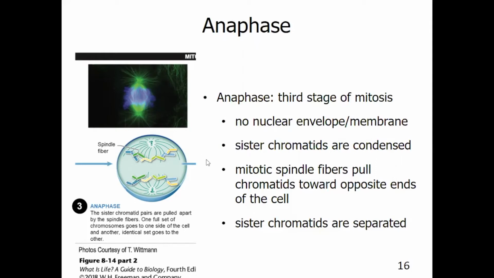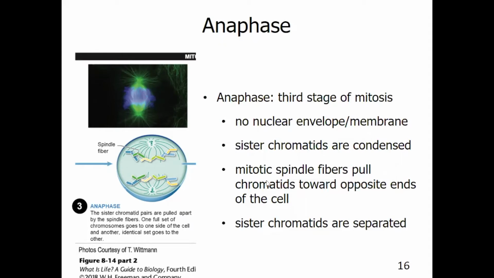Again, the thing that is actually physically moving the sister chromatids are the proteins of the mitotic spindle. These are represented by these light blue lines here in figure 814. The fluorescent image above shows you, again in purple, the chromosomes being separated towards opposite ends.